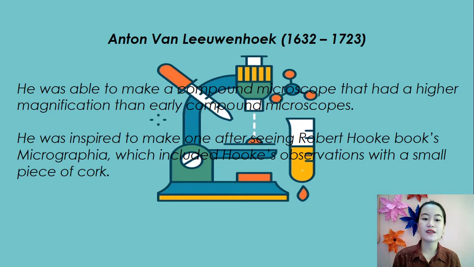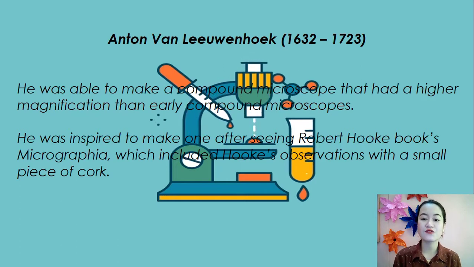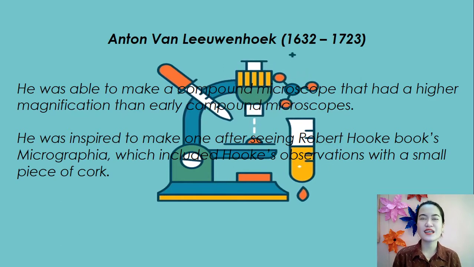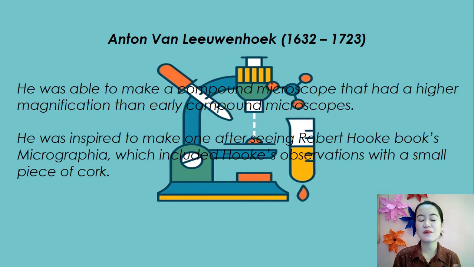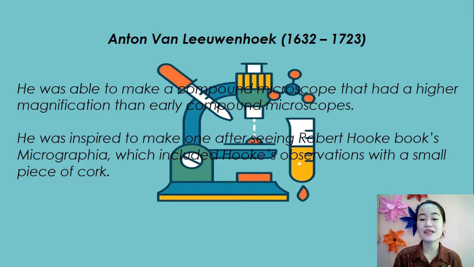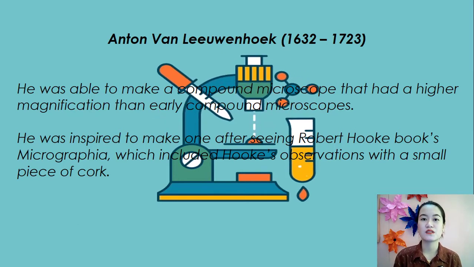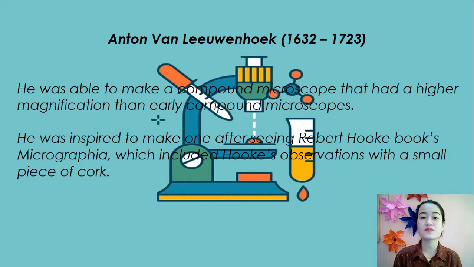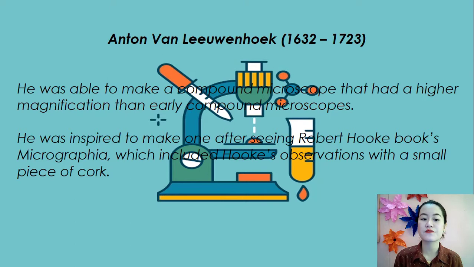He was inspired to make one after seeing Robert Hooke's book, Micrographia. Na-inspired siyang gumawa after niya mabasa itong libro ni Robert Hooke. That was entitled Micrographia, which included Hooke's observations with a small piece of cork.